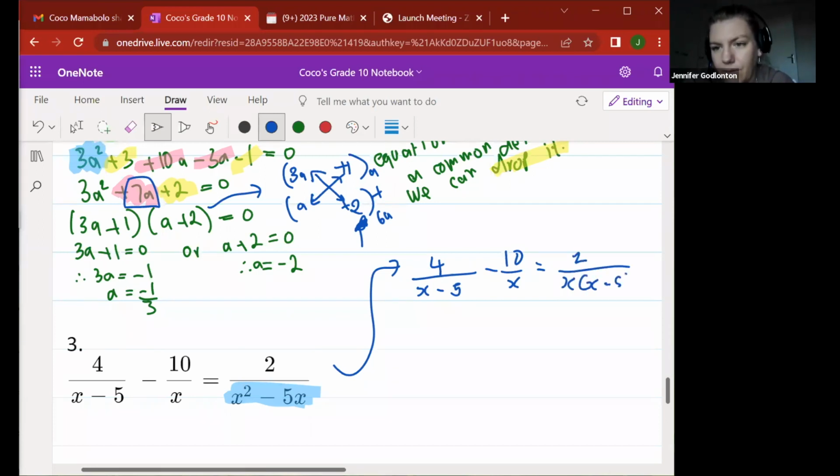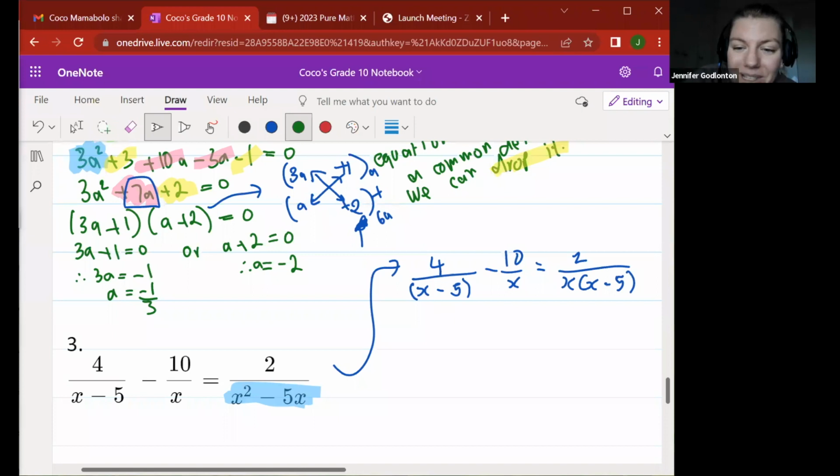Who can tell me now, I've got these three fractions, what is my lowest common denominator? Yes, Sarah, it was amazing.